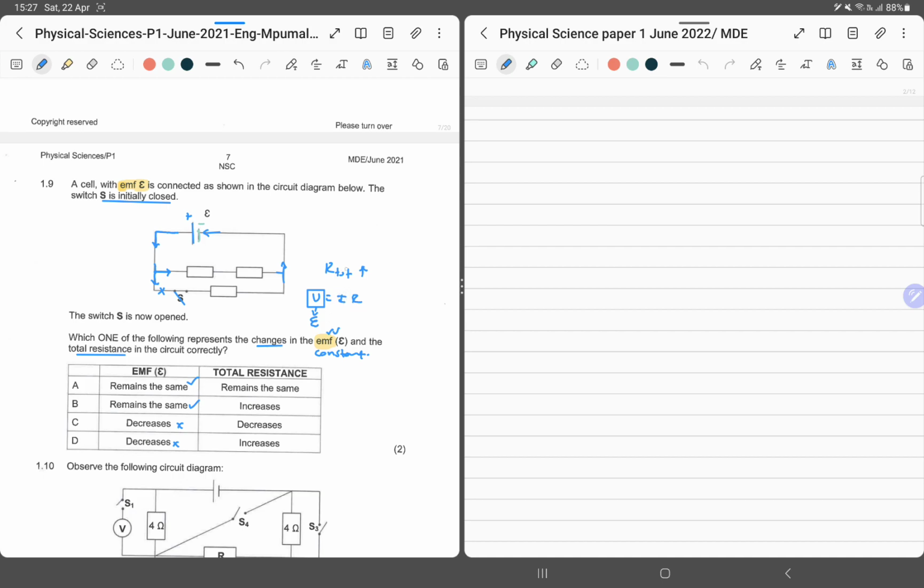All right, so as we increase the resistance, what happens to the current? The current drops. Great. So the total resistance increases, we said. Oh, great. So this one is all about resistance and nothing about the current. So the resistance doesn't remain the same. It doesn't decrease. It increases. But the option that ticks all the boxes is B.